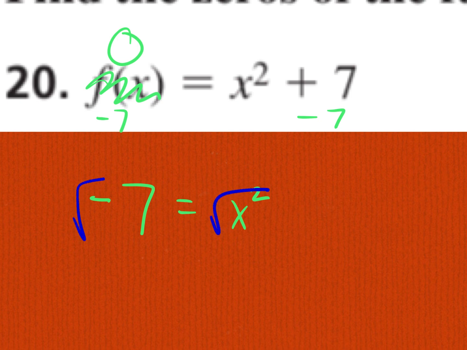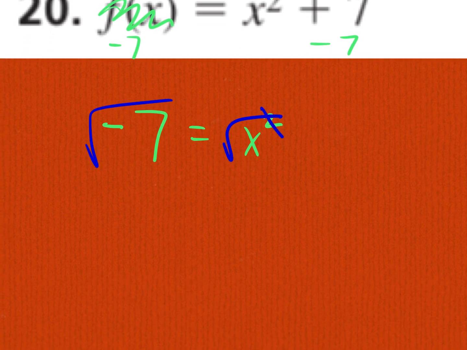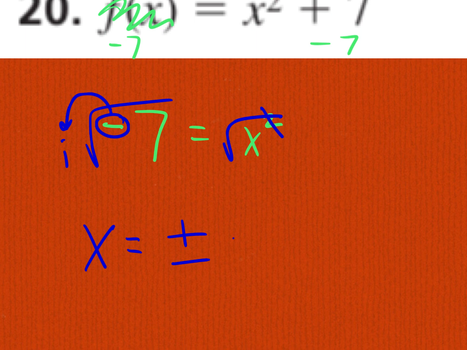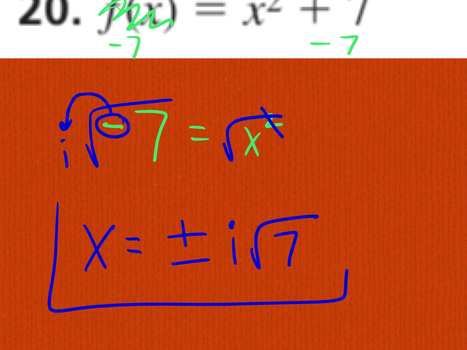Square root both sides, so it cancels out with the squared. So we get x equals what? Plus or minus. Awesome. The negative comes out and turns into an i, so we have i square root 7. Any questions there?